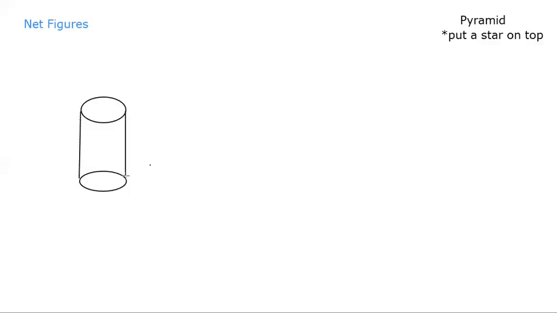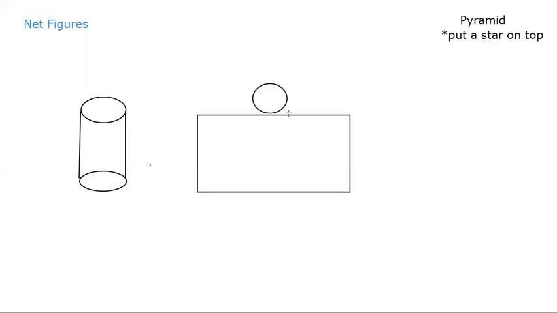If I take the net drawing of that, what shapes will I have? So we're going to cut across around the top edge and the bottom edge, and you're going to end up with that.